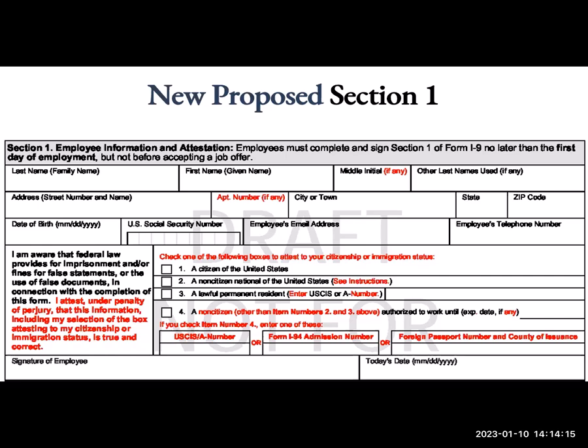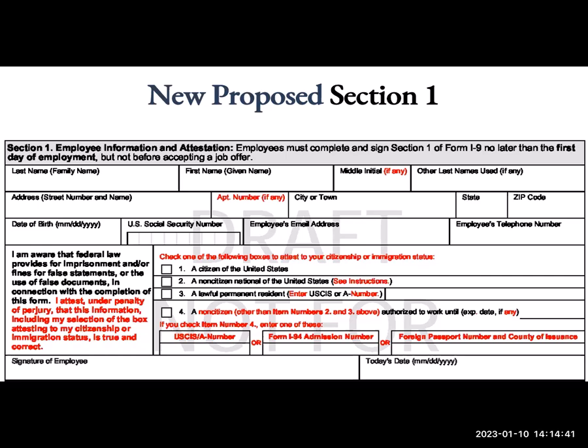How many of you know what a Form I-94 is? If you're looking at this section 1 in general, you're getting an idea as to whether they filled it out correctly. Some things you're not going to know exactly, but some things you need to have at least an idea about, and I'll give you some examples of that.